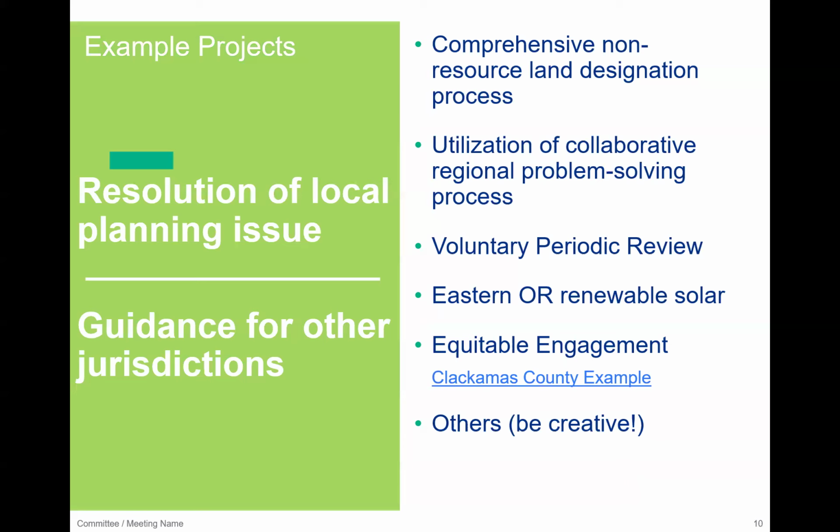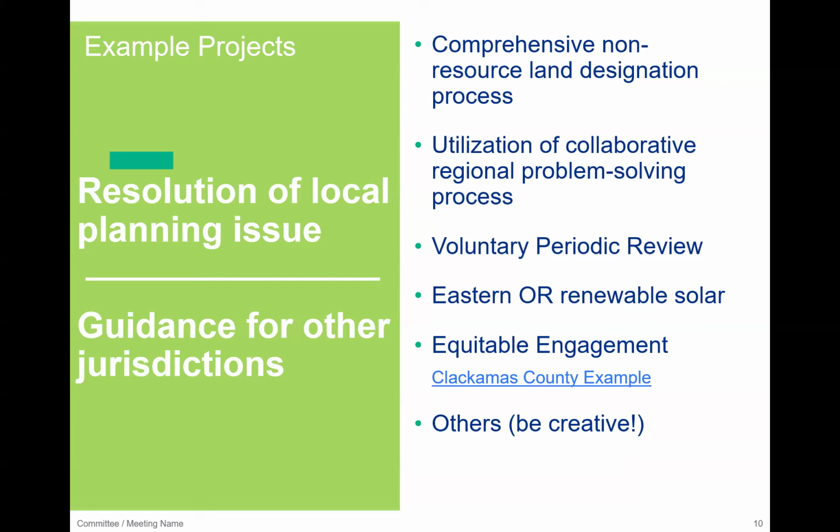Another great example, we'll talk about a little more too, is voluntary periodic review. Periodic review used to be an entirely separate category for grants in this program way back now 16 years ago. The legislature removed that funding during a period of recession and has never restored it. And so there is no more what is called mandatory periodic review, or it's not going on in the state right now.